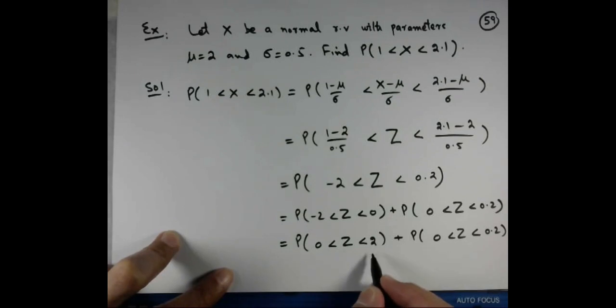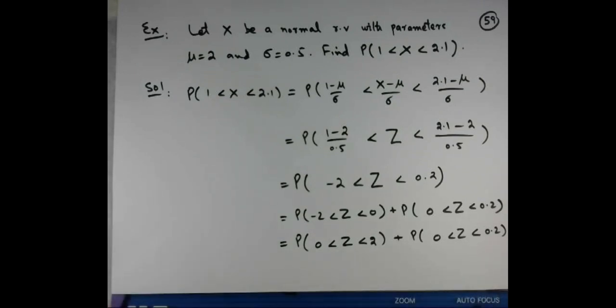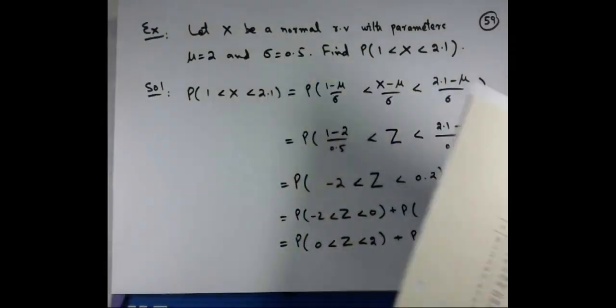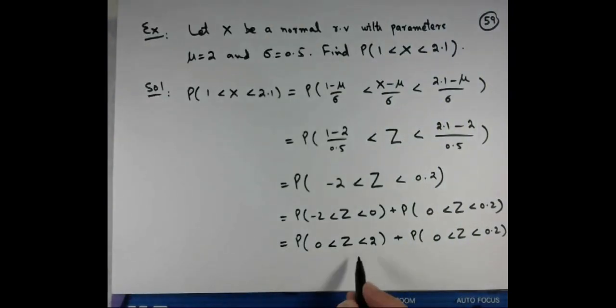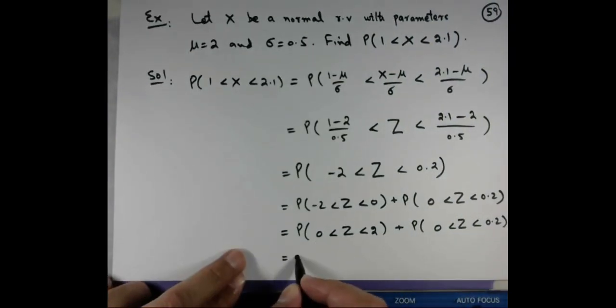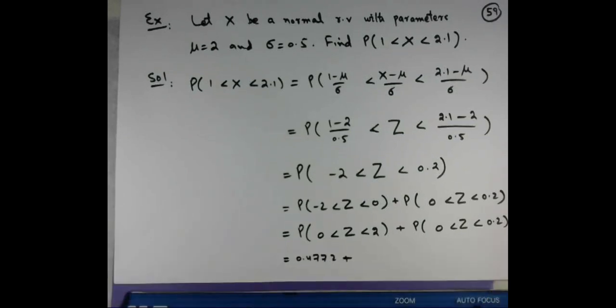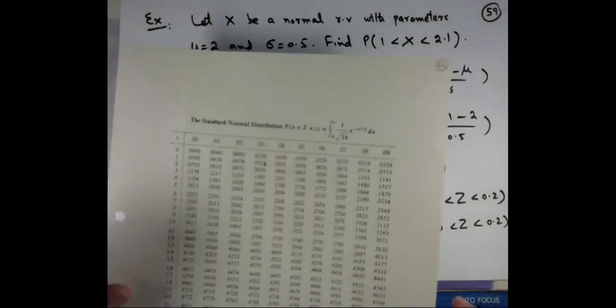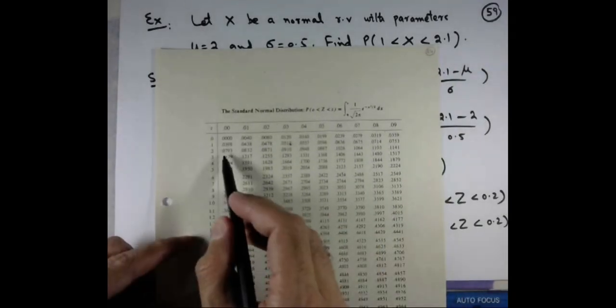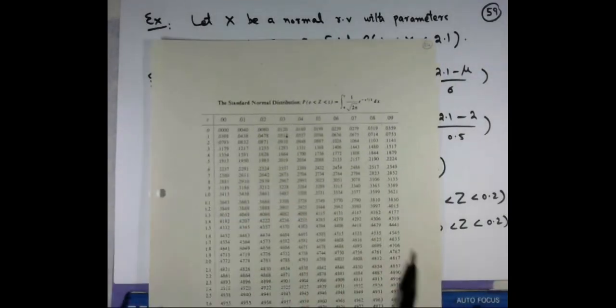Now use the table for this range, and you will find the probability. From 0 to 2, we already know this is 0.4772. Even if it is not visible, just trust me. So this part of the probability is 0.4772, and this part from 0 to 0.2 is 0.0793.